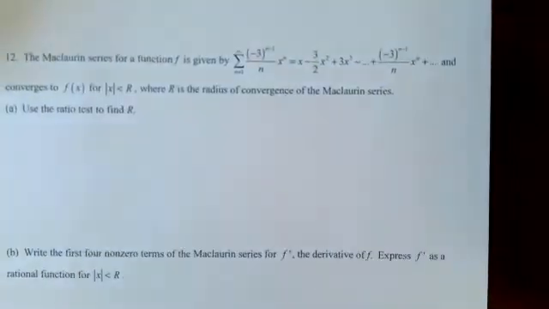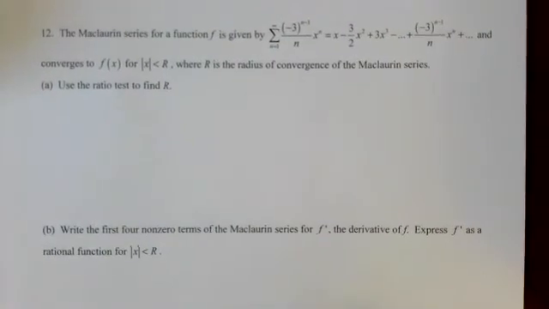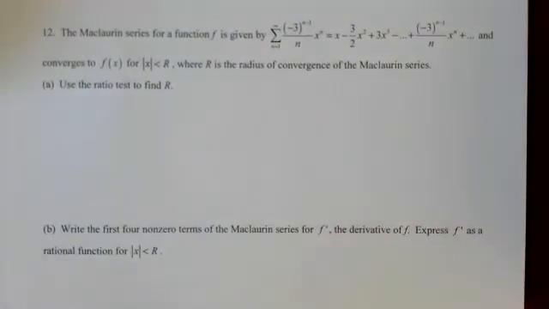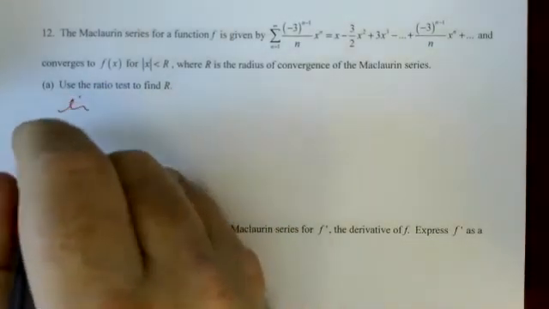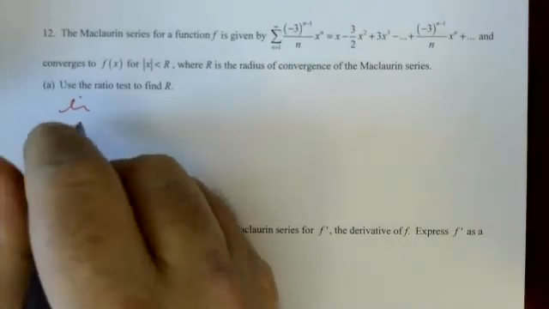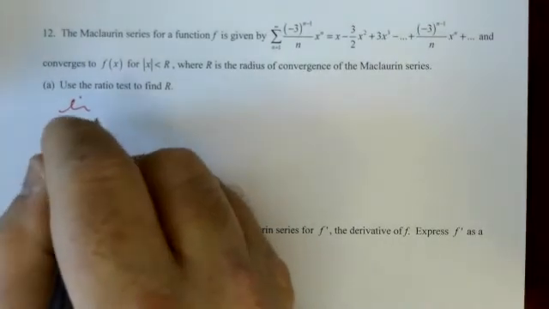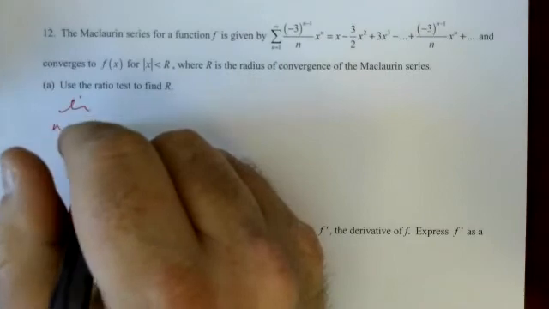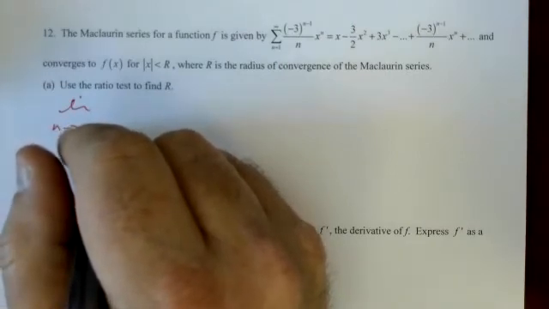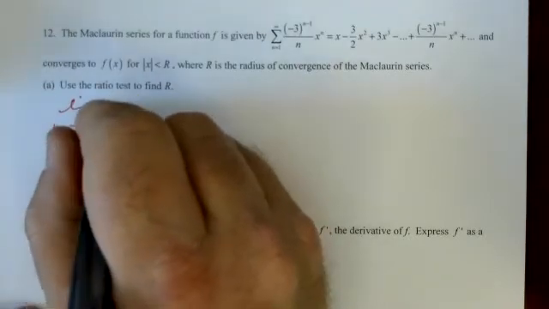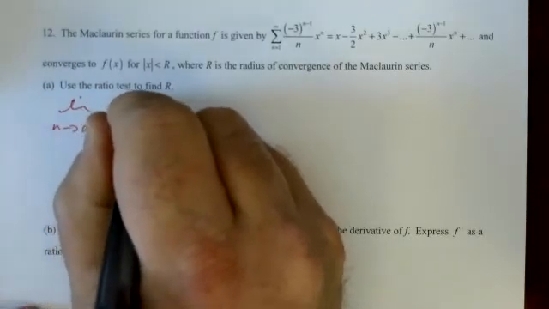All right, here we go. Maclaurin series for the function given by yada yada, converges yada yada. Find R. Limit as n goes to infinity of -3 to the n.